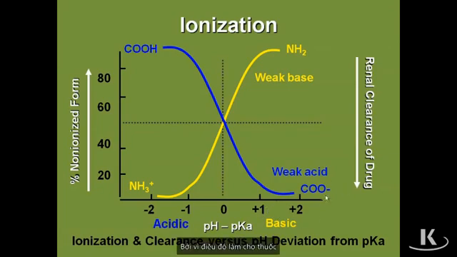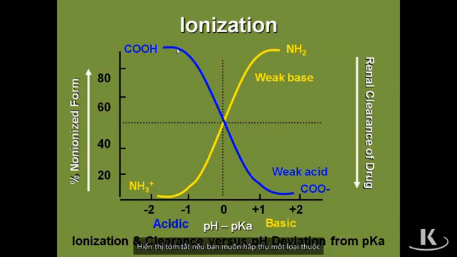Why? Because that makes the drug ionized. Okay? If you want to eliminate a weak base, you want to put the weak base obviously in an acidic environment. That makes the drug highly ionized and more easily cleared. So notice the arrow going down means the forms at the bottom of our graph are more easily cleared.